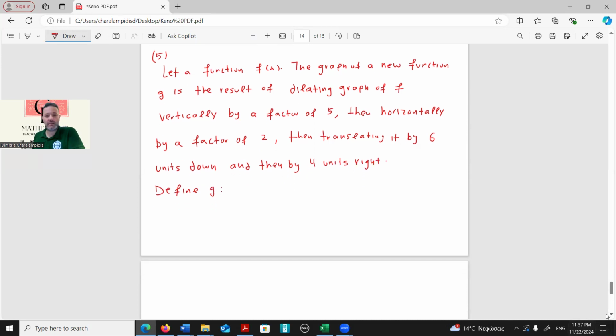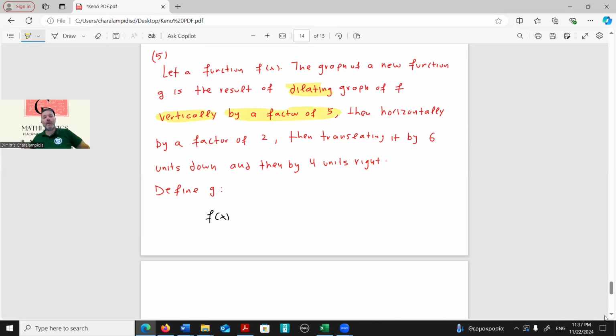It's not as hard as it seems. I'm not even sure whether it seems hard, but let's see. In baby small steps, we will start, let's say, from f of x, and let's highlight its new transformation. At first, we have dilation vertically by a factor of 5.